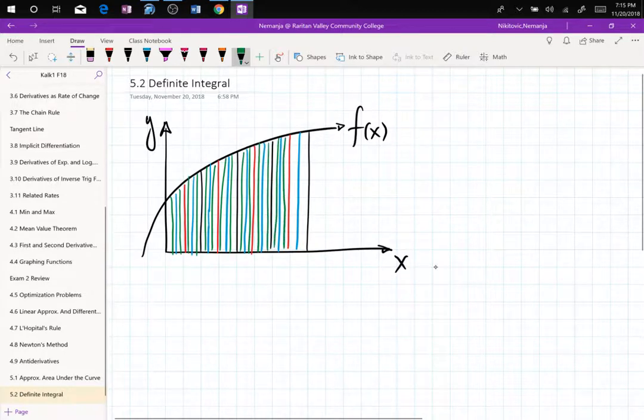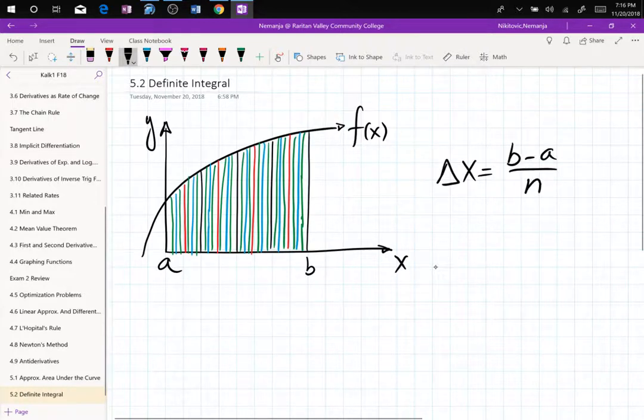After this, carefully add even more. It gets busy, right? We are still on A to B to get our delta x to be B minus A over N, number of rectangles, right?